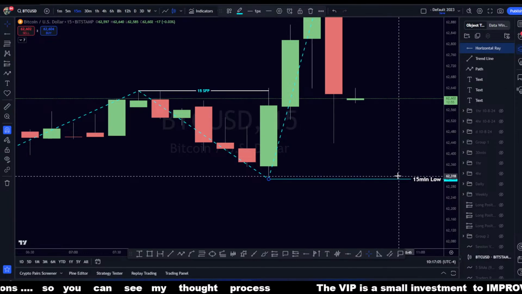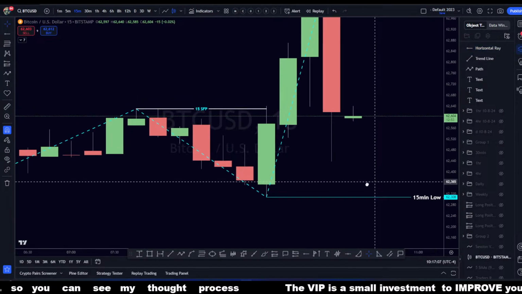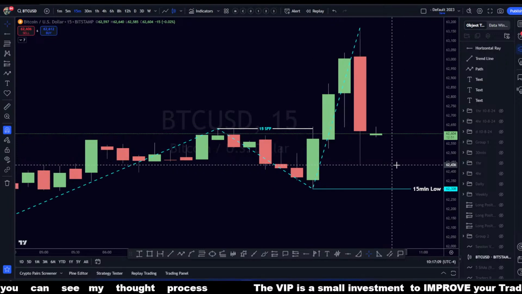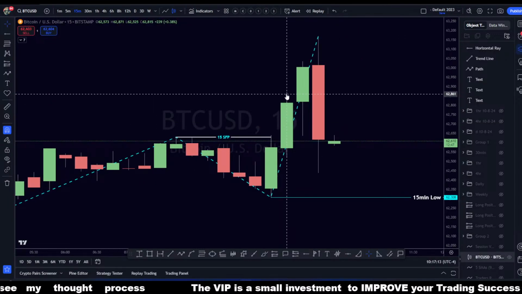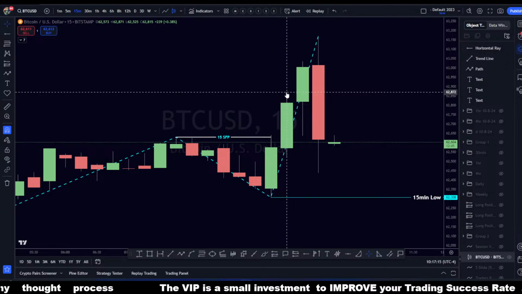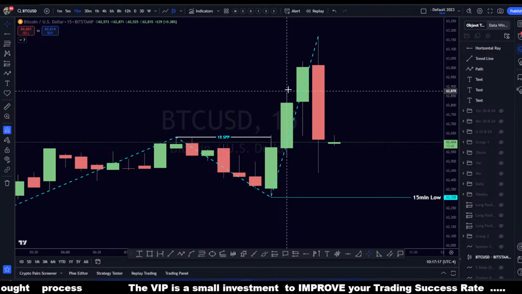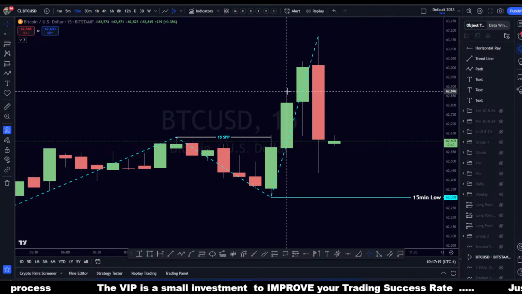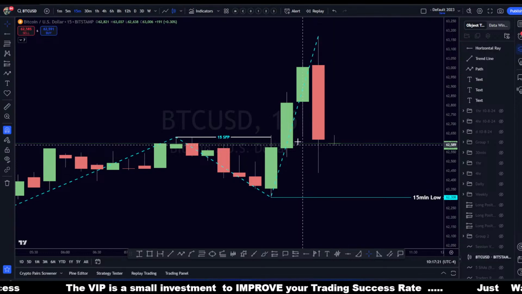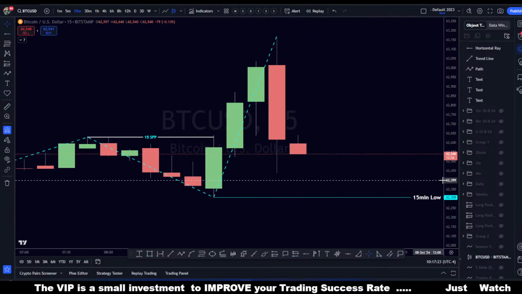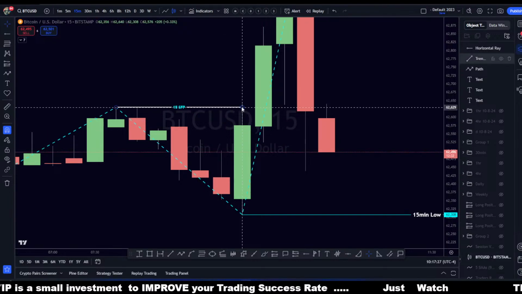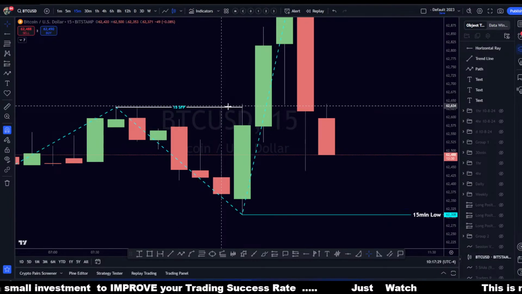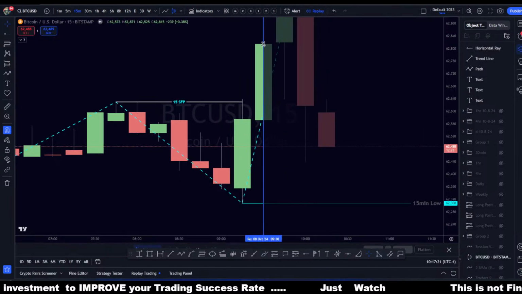So this was a weak low, and this would have been our strong high for the 15 minute time frame. But now what we do is we go to the highest point after this candle was produced. This was the swing failure pattern, so let's make this just a little simpler.